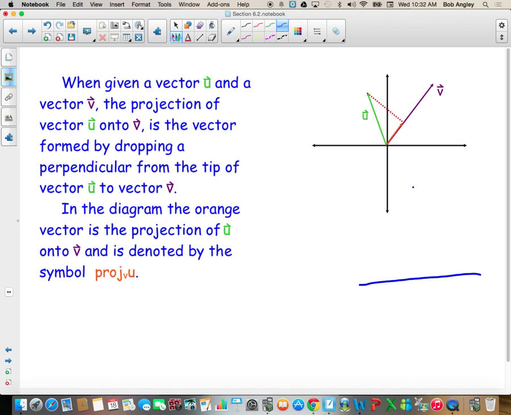A lot of times when we think about projecting a vector, if this is the vector that we start with, we'll project down to the x-axis. And so all we do is we drop a perpendicular from this endpoint down to wherever we're going to do the projection. And so in this case, the part that I've got right here, that's just the x component.